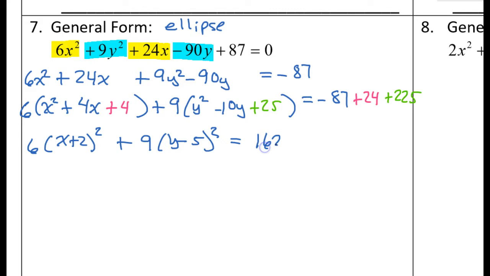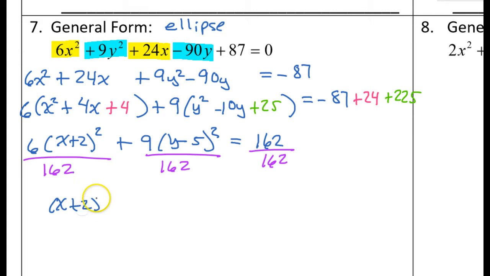I'm getting 162. Now for an ellipse, I know that I need a 1 over here. So I'm going to divide everything by 162. Okay, now in my heart of hearts, I'm hoping that 6 goes evenly into 162. So 162 divided by 6 is 27. So this is going to make x plus 2 squared over 27.